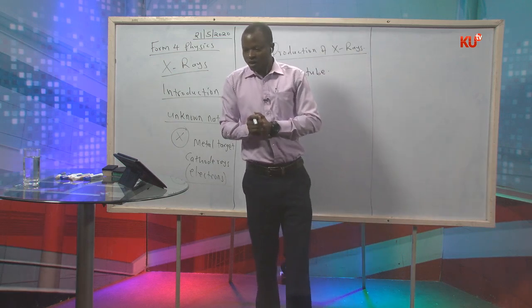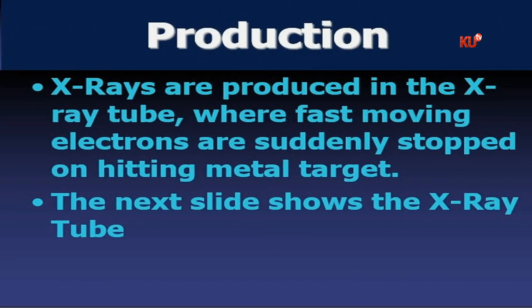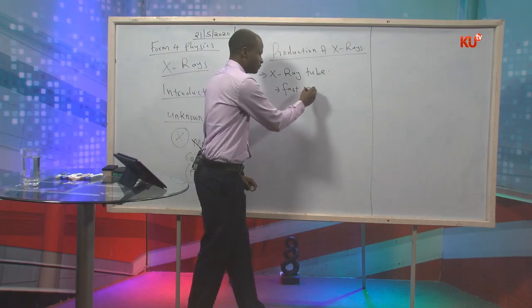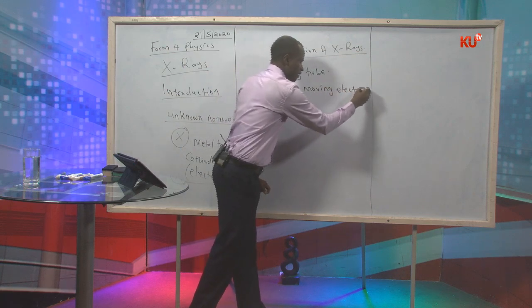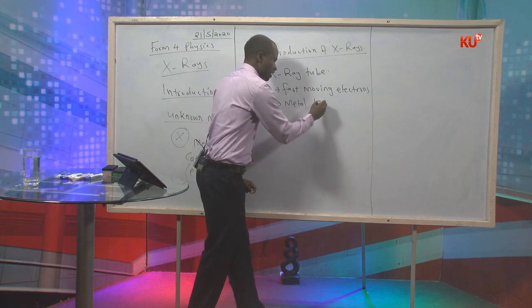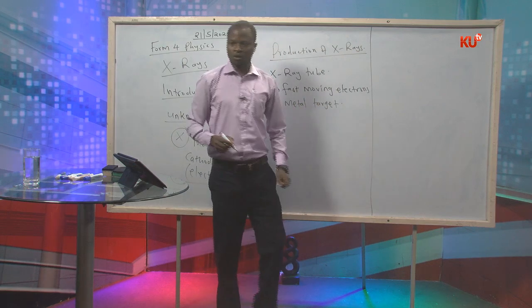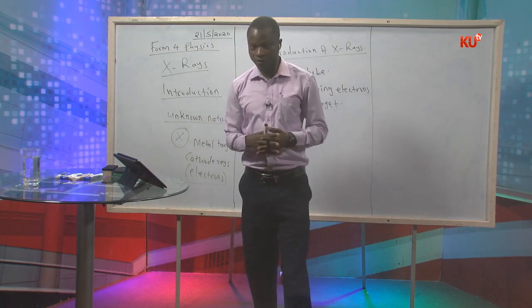Now what happens? You realize X-rays are produced when fast-moving electrons are suddenly stopped on hitting a metal target. So there are two things there. One, we have fast-moving electrons. And we have what we are calling a metal target. So for us to produce X-rays, we need fast-moving electrons.